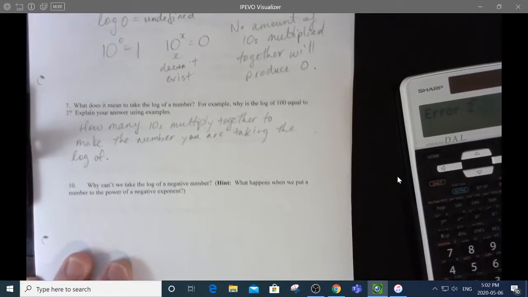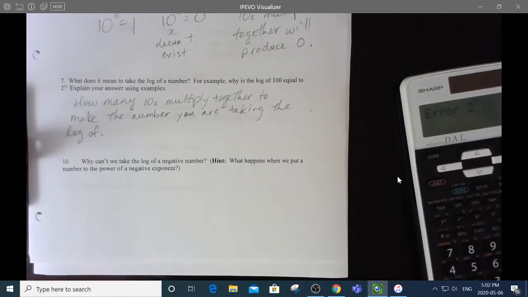And your English teacher is going to be very upset that I ended that statement with a preposition, but oh well, this ain't LA class. So that's what it means to take the log.